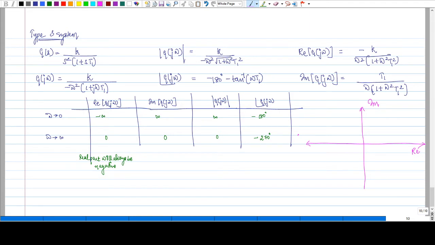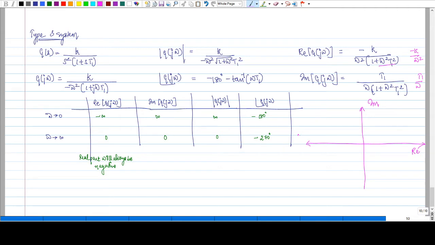When you put ω tends to 0, this term gets neglected and what remains is minus K by ω squared, and in the imaginary part what remains is T1 by ω. So when ω approaches a very small value, the real part is much larger compared to the imaginary part.